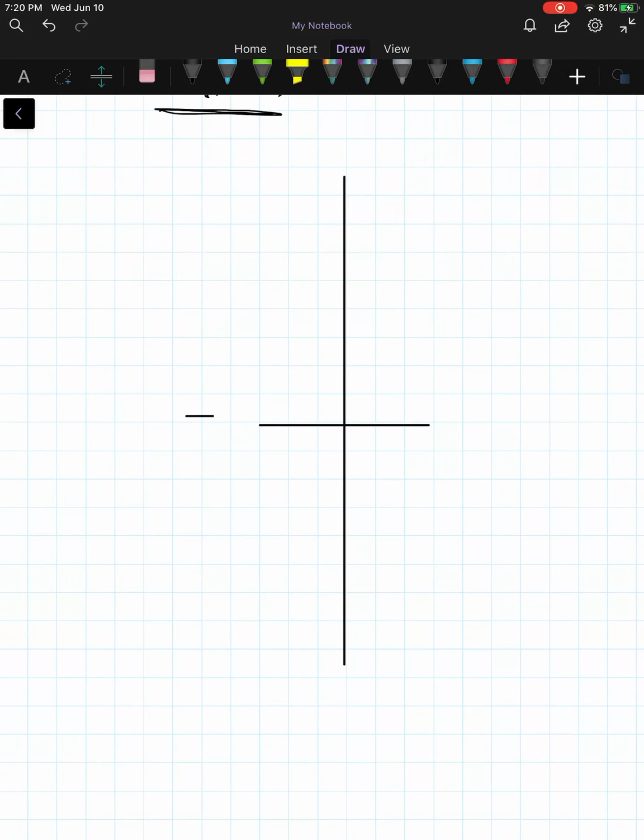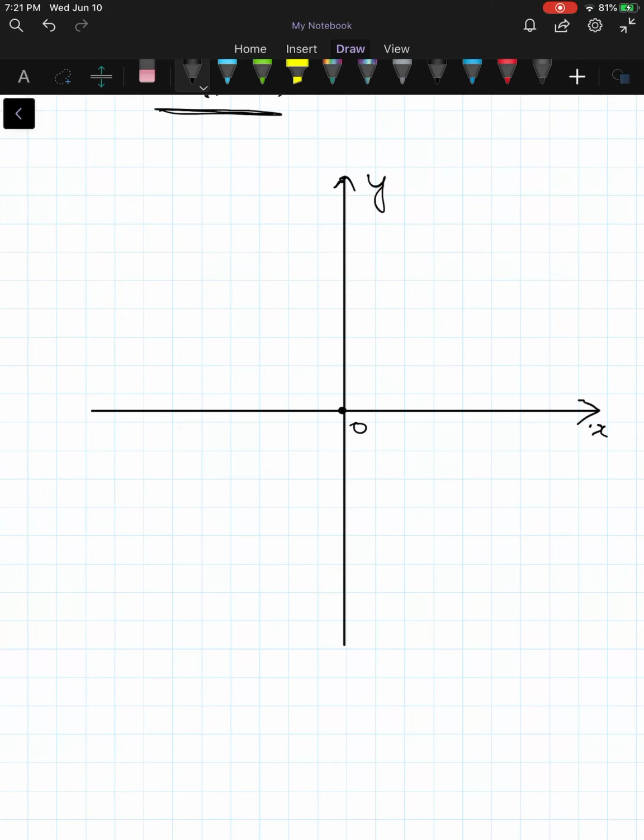For that I need an x-axis and a y-axis. So this is our x-axis and this is our y-axis and this is the origin. Suppose if I consider my A here at this point and B here, without loss of generality, I can consider both the points in first quadrant.